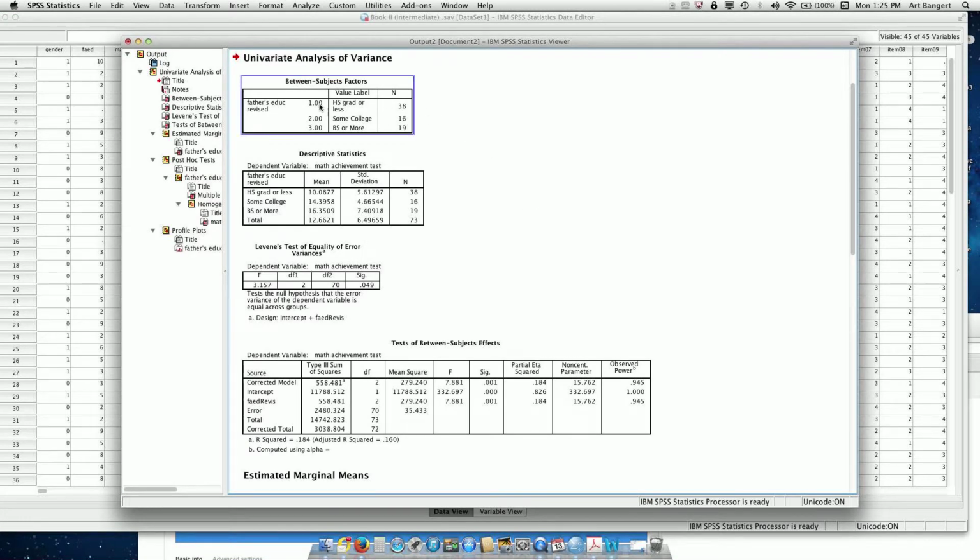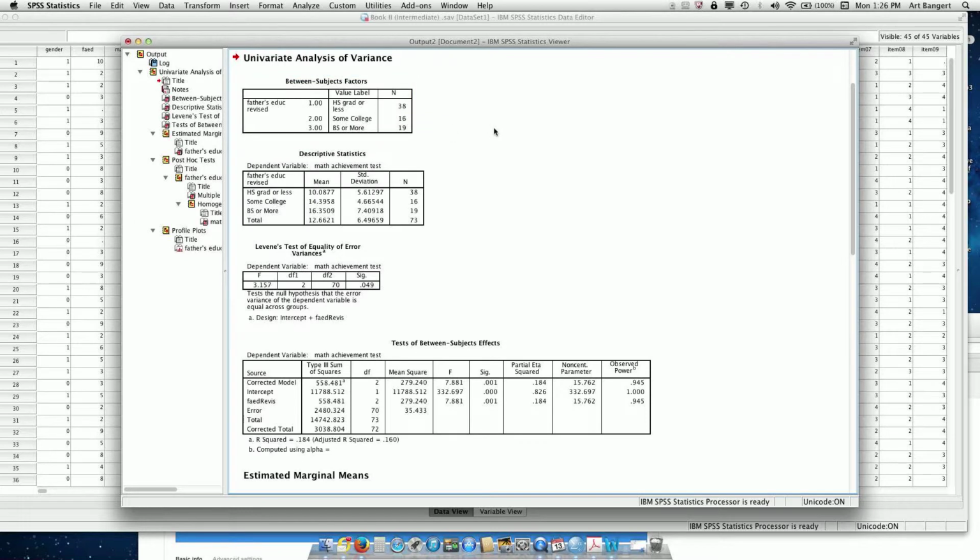So in this case, you can see that we have our 3 levels of students within father's education: fathers who have a high school graduate degree or less, fathers who have some college, and fathers who have a BS degree or more. You'll notice that there's 38 in the first group, 16 in the second, and 19 in the third.